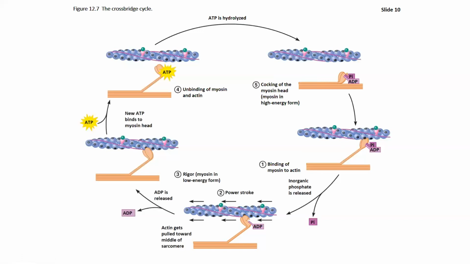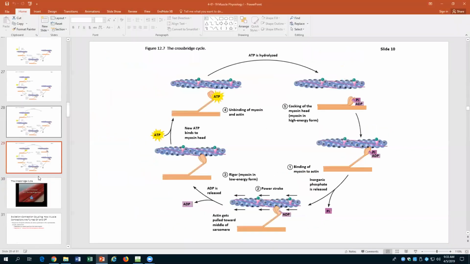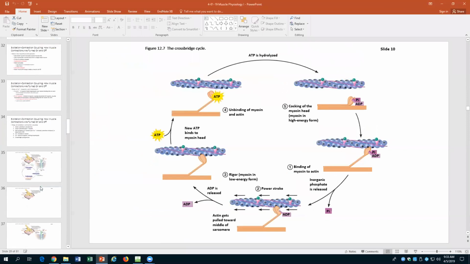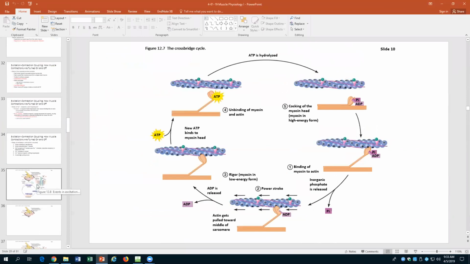Perfect. Tropomyosin will not uncover those binding sites. So even if myosin is in its high energy form, it cannot interact with actin unless calcium initiates that process of uncovering those binding sites. Alrighty? Okay.